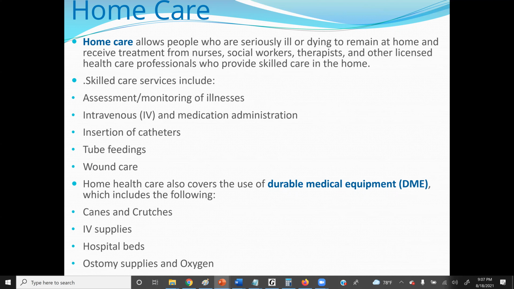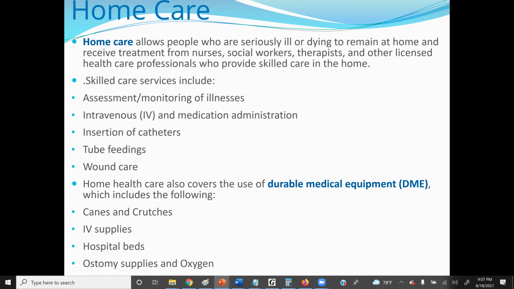So the skilled care services can include assessment, monitoring of illnesses, if IV, intravenous, is needed, and medication administration, also insertion of catheters, tube feedings, wound care.